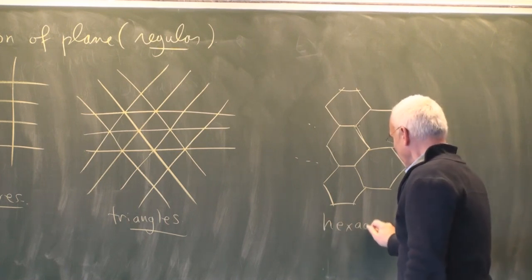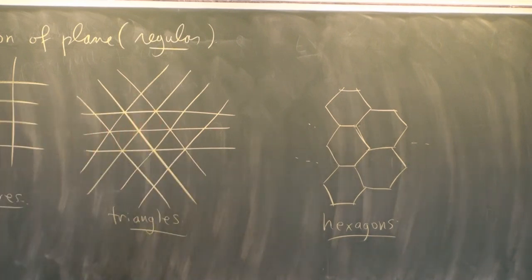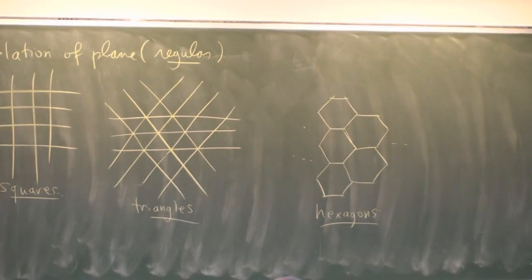So those are three. That's it. Those are the three regular tessellations of the plane.